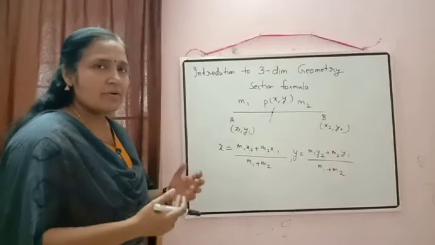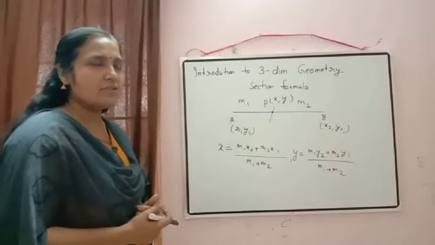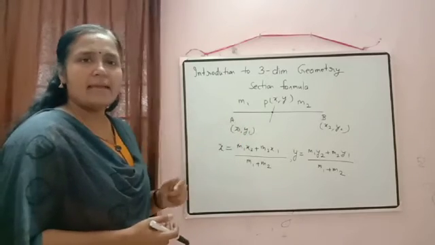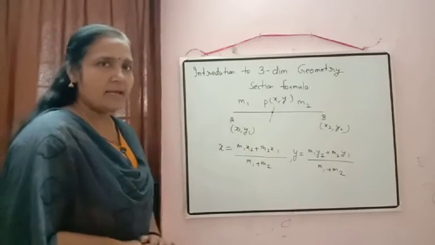In three-dimensional geometry we have three coordinates: x coordinate, y coordinate and z coordinate. Now you write down the formula.